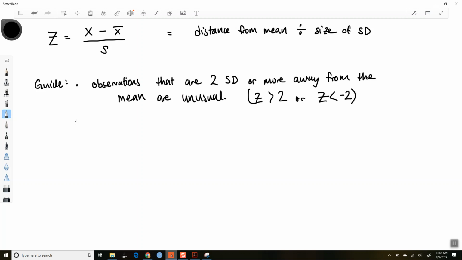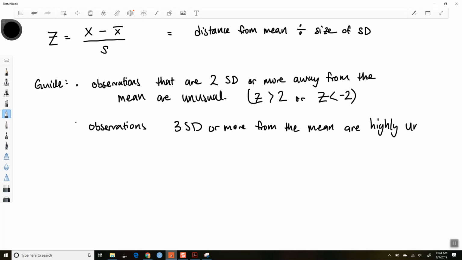Okay, and then observations that are 3 standard deviations or more from the mean are highly unusual.